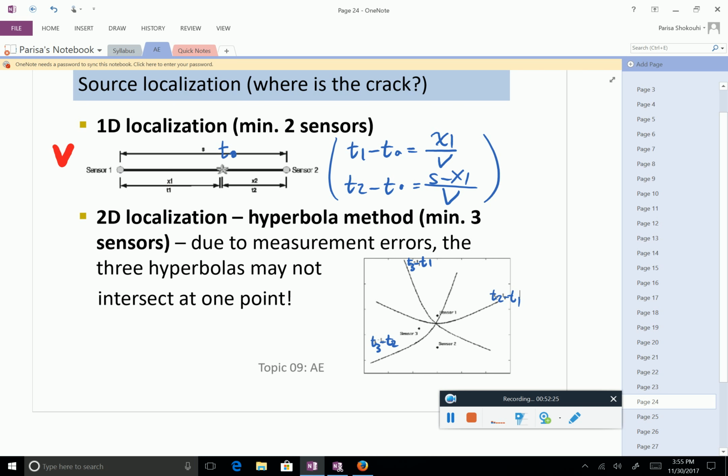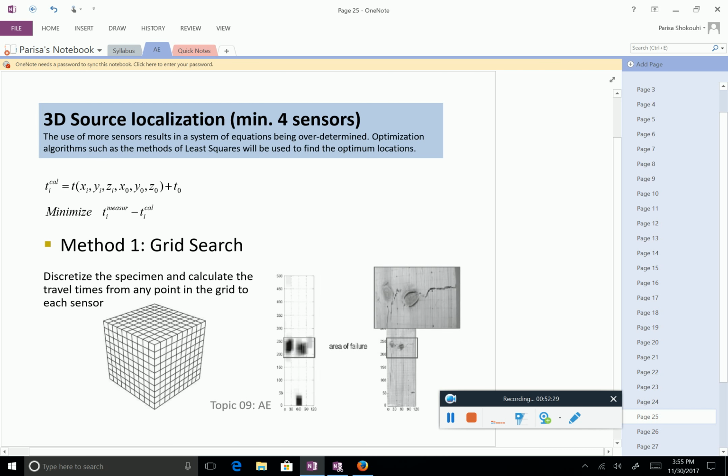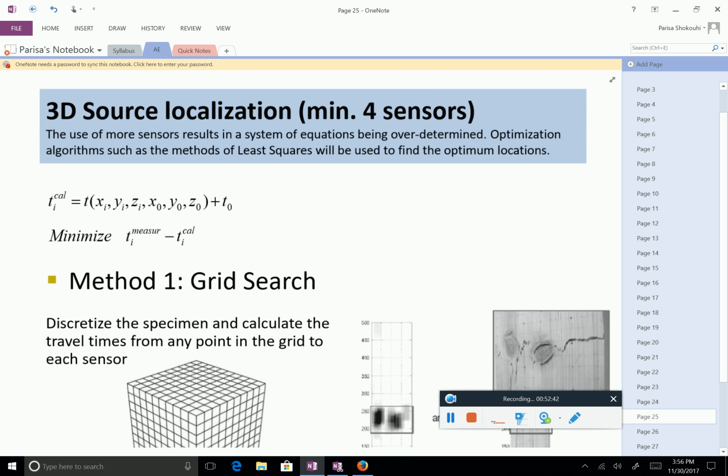These are 1D and 2D. I wanted to go very quickly from the conceptual point of view. But what are the methods actually used in practice?